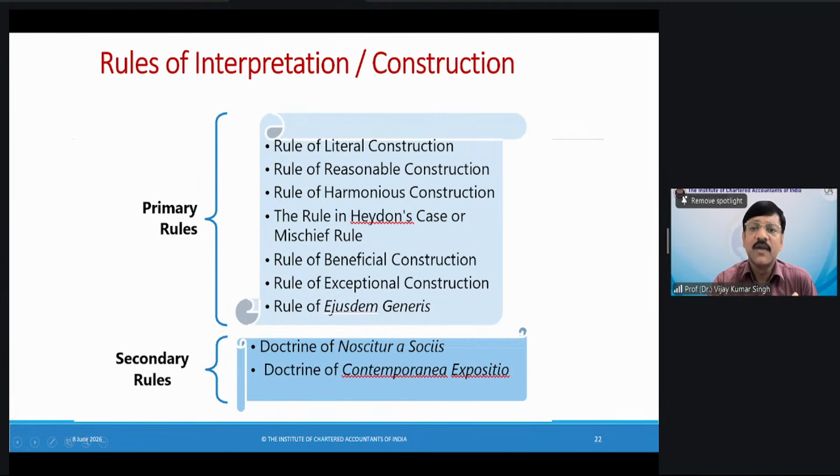This I have explained, but again I will explain. Second is the rule of reasonable construction. Third is the rule of harmonious construction. Fourth is the rule of Haydn's case or mischief rule. Fifth is the rule of beneficial construction. Sixth is the rule of exceptional construction. And then we have the rule of ejusdem generis, the doctrine of noscitur a sociis, and the doctrine of contemporanea expositio. We will see each one of them one by one.